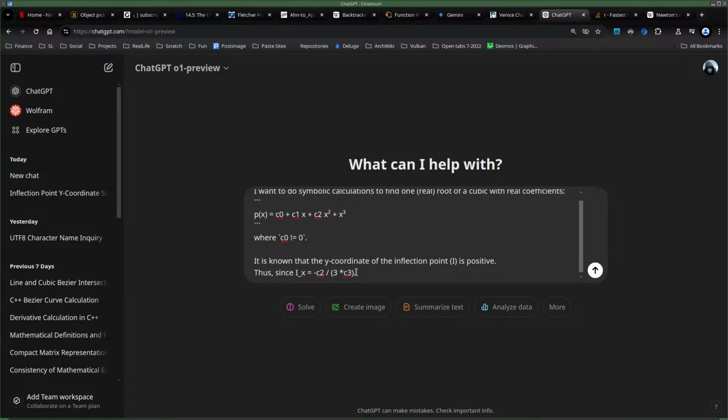So you get second derivative is 2 times C2 plus 6 times C3 x. If you set that to 0 and solve for x, you get this. But our C3 is 1. So this is x coordinate of the inflection point.